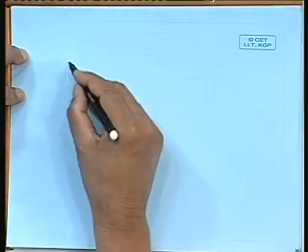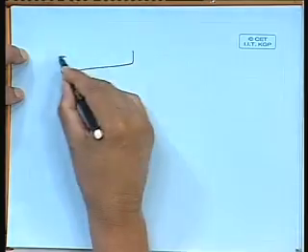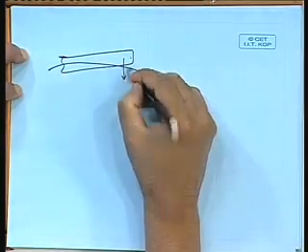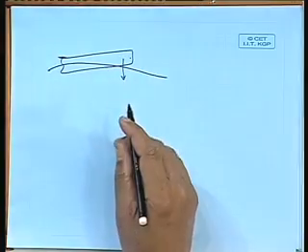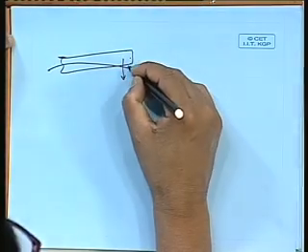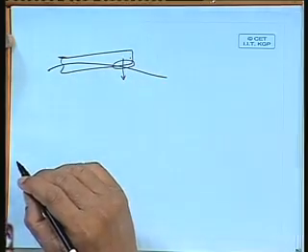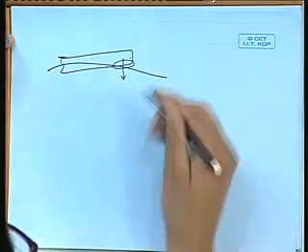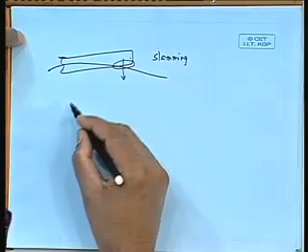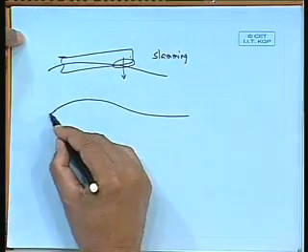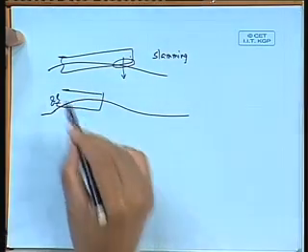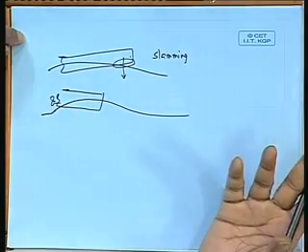Let us see the case of what is called slamming. It may happen that the ship actually sometimes comes out of the water and then falls. You know, the forward hull goes up and comes down. As it enters, you have a large impacting force coming. This is what is called slamming. Or you may have the other extreme where the propeller may have come out or partly come out.